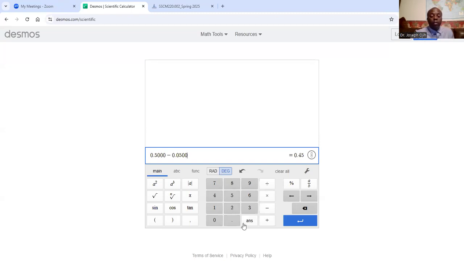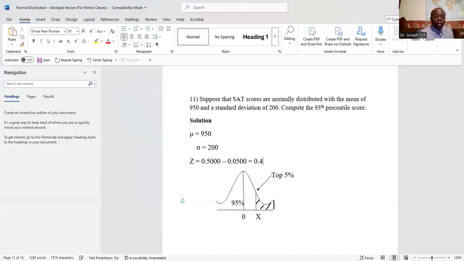So we got 0.4500 here. Now ignore the decimal point. Look at it as 4,500, to make it easy for you to find in the chart. So you go to the chart, 4,500.